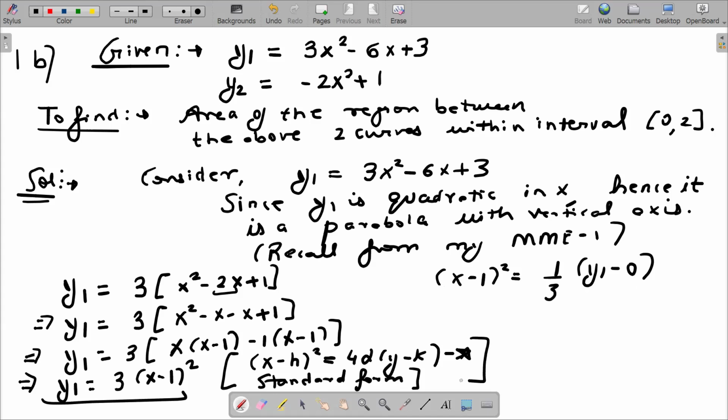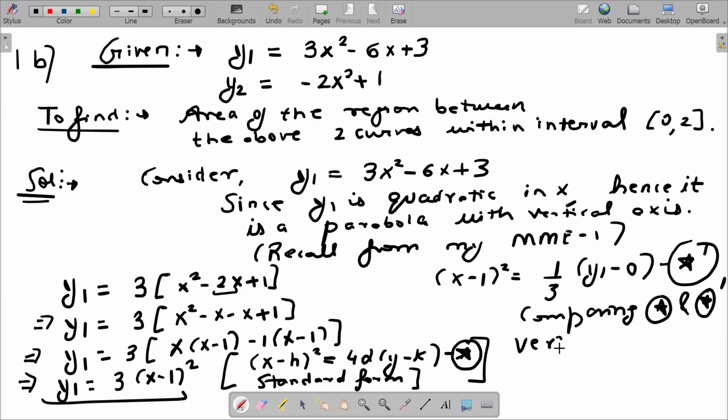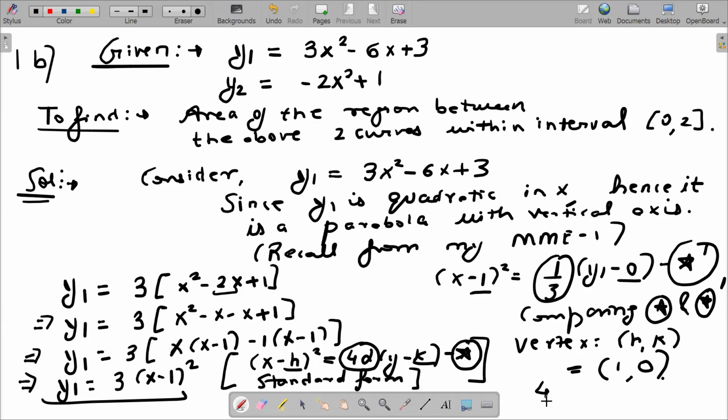So comparing star and star dash, this is equation star, this is star dash. Comparing star and star dash, the vertex of the parabola is h comma k. We all know this from the MME 1 course. H is 1 and k is 0. And 4 alpha is 1/3, which implies alpha is 1/12, which is positive.